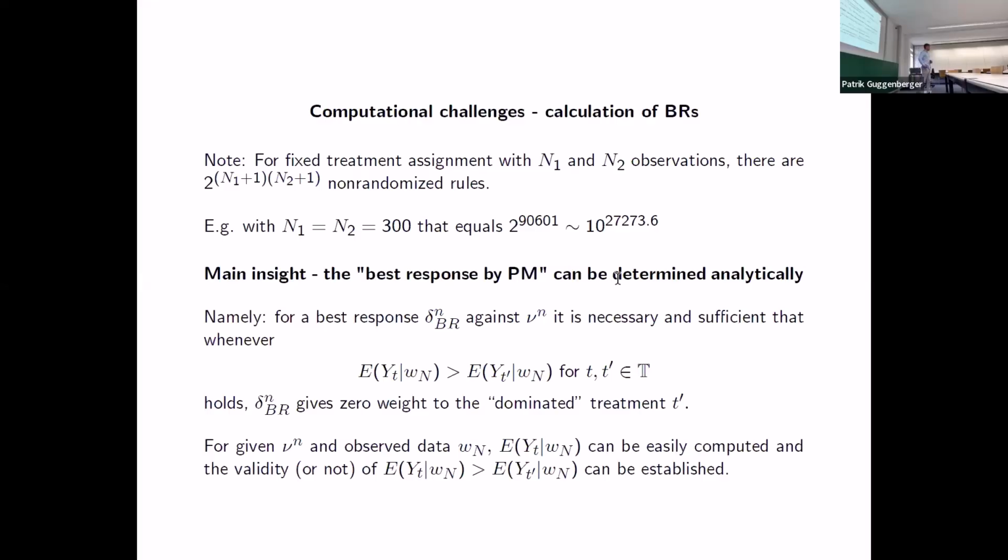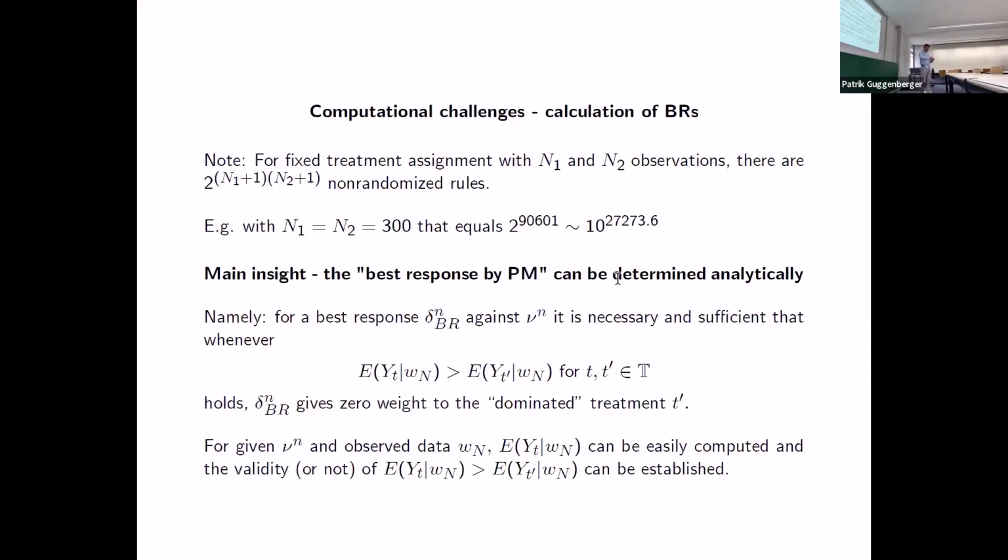Because for every possible history, so obviously what is relevant is only the number of successes. So when you have N1 observations, you can observe 0 successes, 1 success, 2 successes, up to N1 successes. So you have N1 plus 1 possible numbers of successes that you can observe in a sample of N1, and likewise for the second treatment.